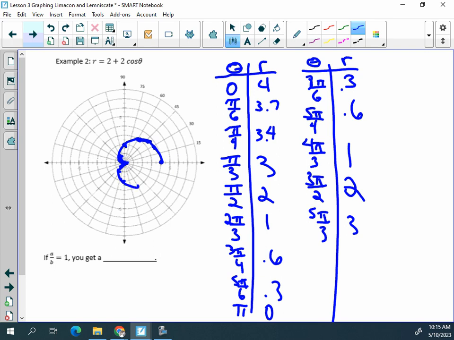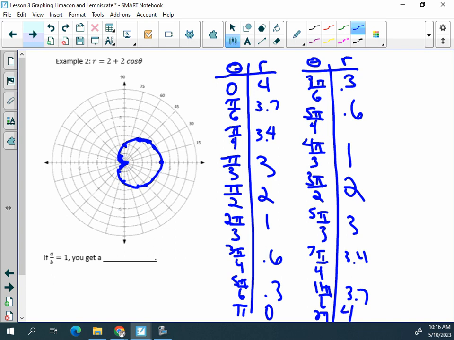So now we're going to see, again, some symmetry from when we started. When we plug in 7 pi over 4, we're going to get that 3.4. When we plug in 11 pi over 6, we're going to get that 3.7. And when we plug in 2 pi, we'll be back to 4.